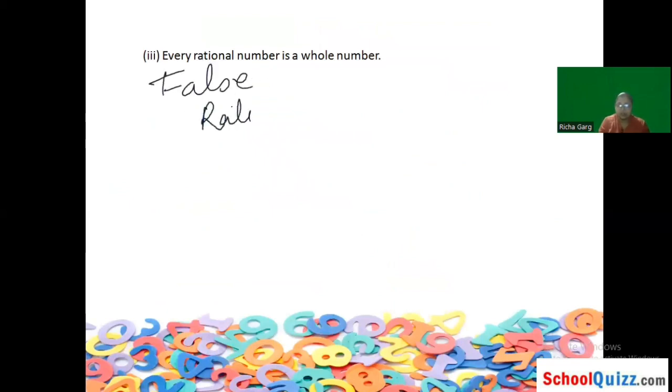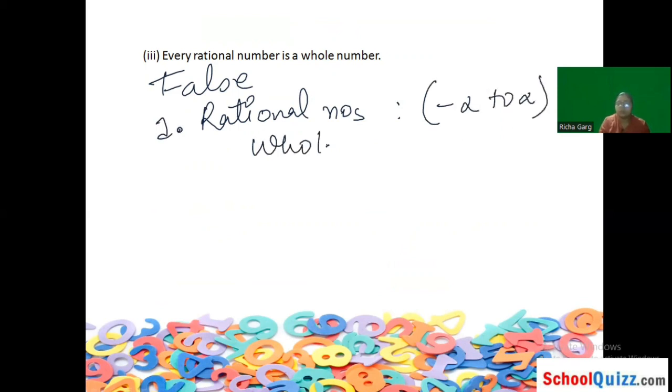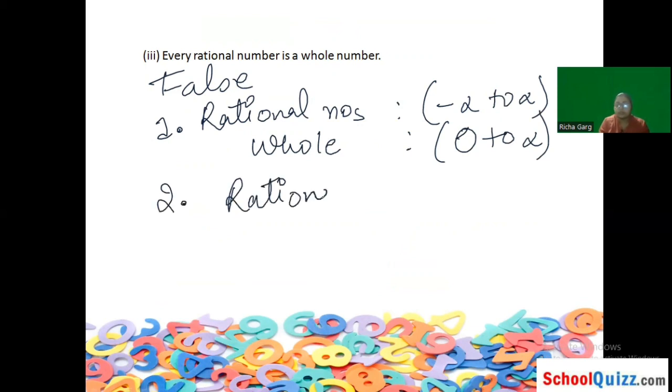Rational numbers, okay, let me write it. Rational numbers, reasons are a lot. So first reason is rational numbers go from minus infinity to infinity, whereas whole numbers go from 0 to infinity. Only positive numbers, it includes negative numbers also. The second reason being rational numbers have fractions also.